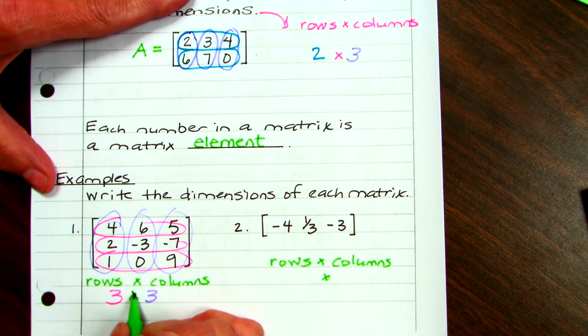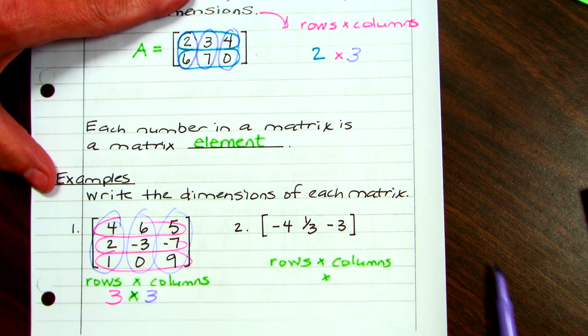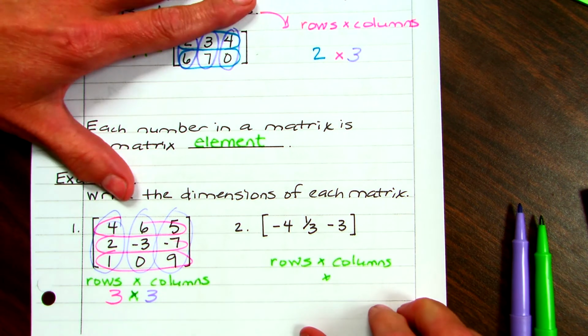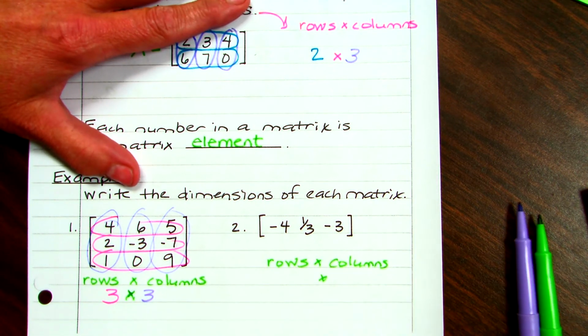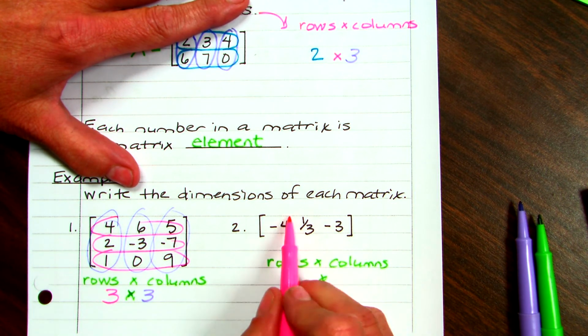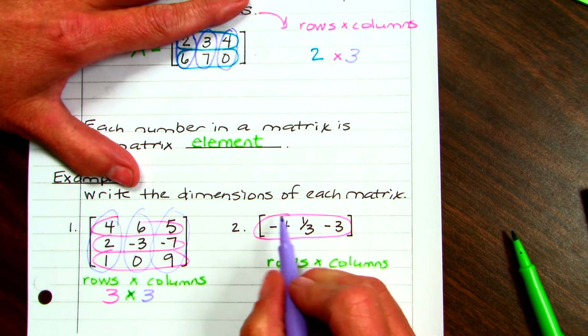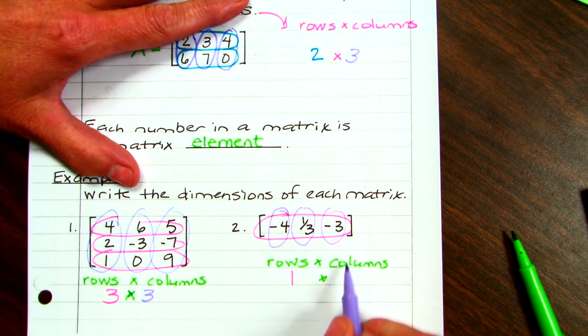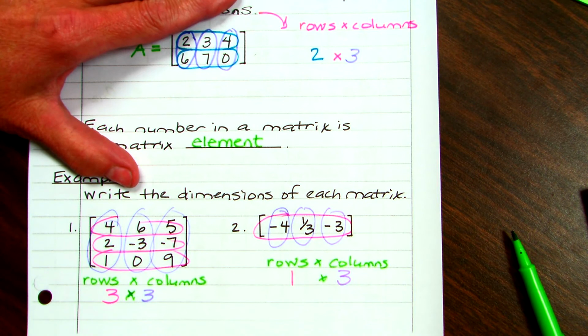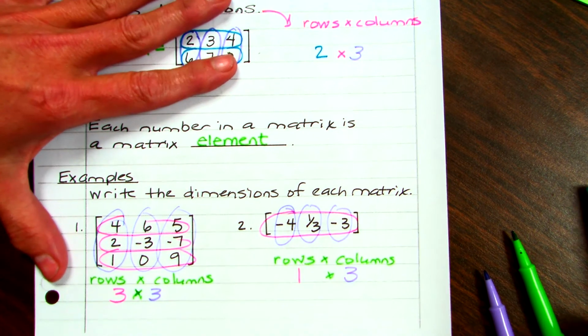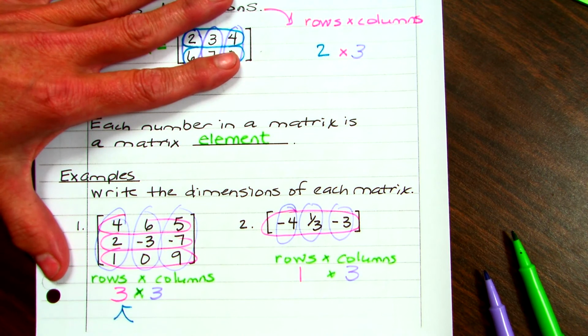It actually is called a square matrix if we were going to do a whole unit over matrices. Number 2, it only has 1 row, but it has 1, 2, 3 columns. So this is a 1 by 3. Let's just make a note of square matrix, just because if you take college algebra or pre-cal, you may do matrices, and you will be familiar with the words.